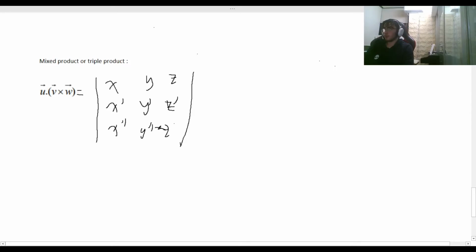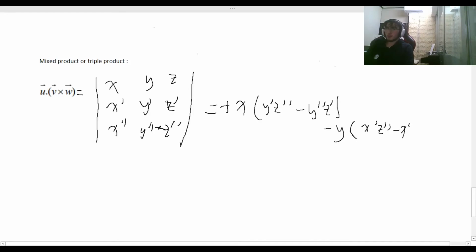Sorry, I'm writing with the mouse. So it's equal to positive x, eliminate them in your head, y prime, z prime, double prime, minus y double prime, z prime, minus y into x prime, z double prime, minus x double prime, z prime.